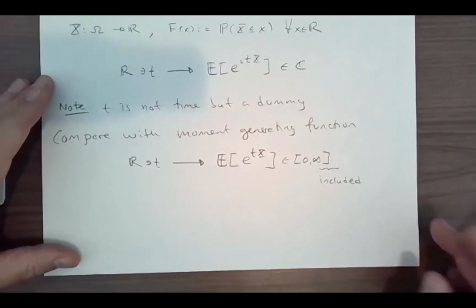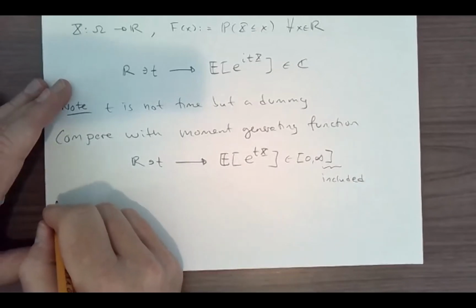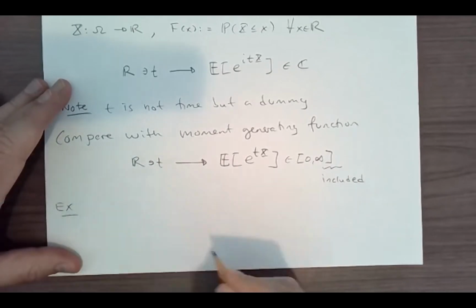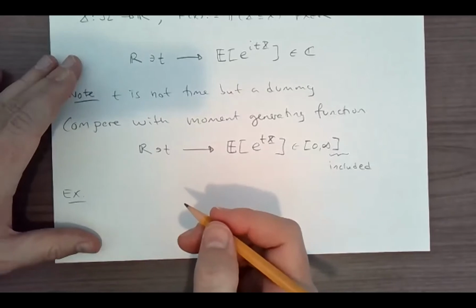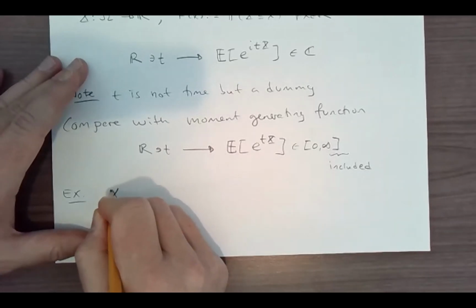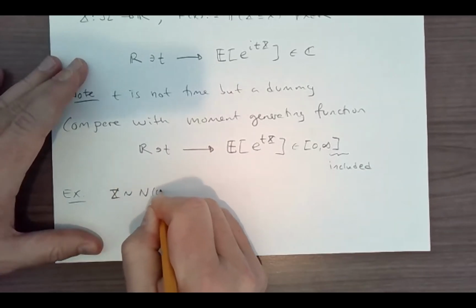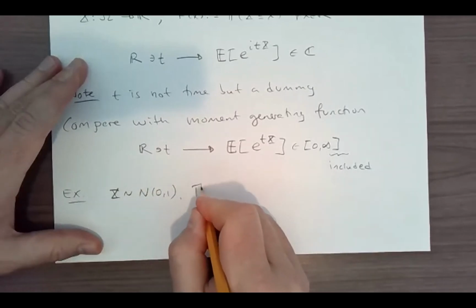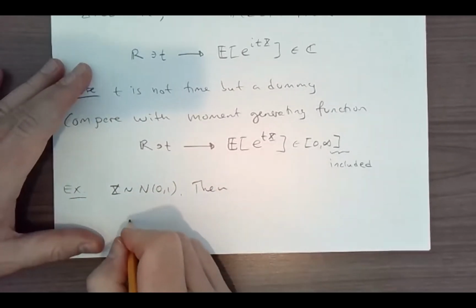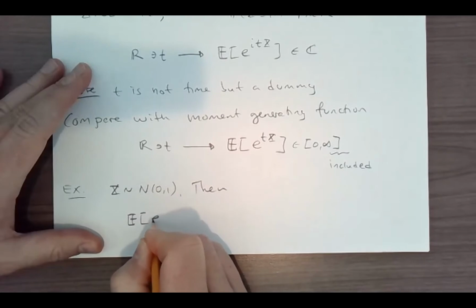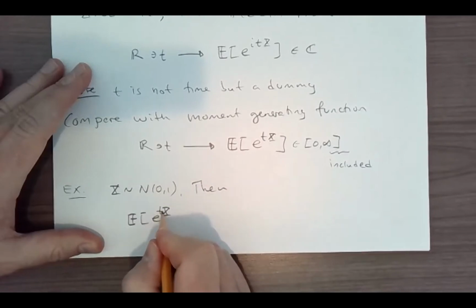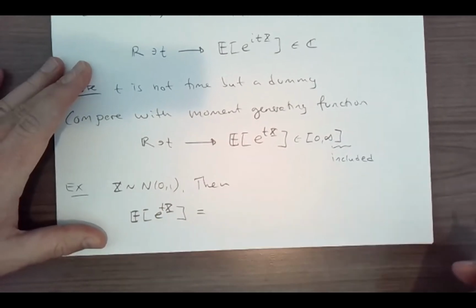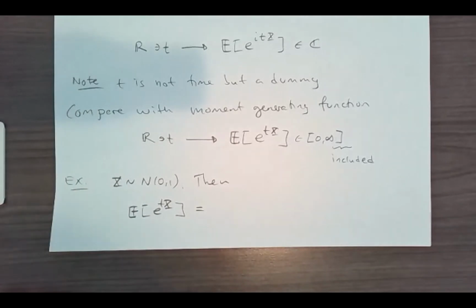If you look at an example, like the normal, if I take X to be standard normal, well then the expectation, does anybody remember what this is?